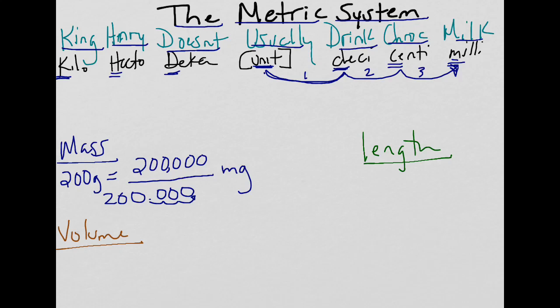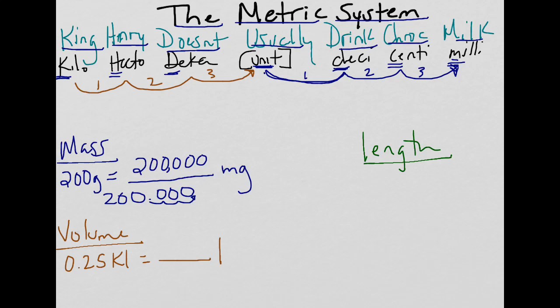All right, for volume, we're going to do 0.25 kiloliters, KL, equals how many liters? So we go up here to kilo, and we have to jump our way to liters. 1, 2, 3. Again, you can number them.